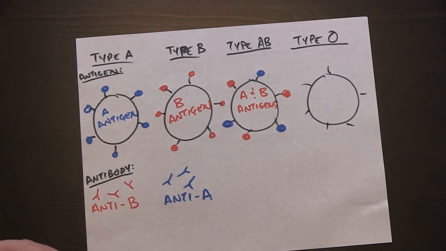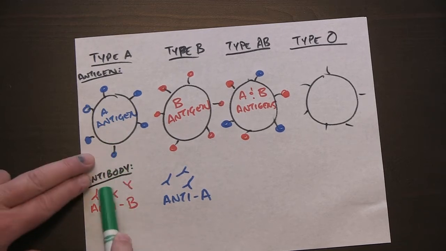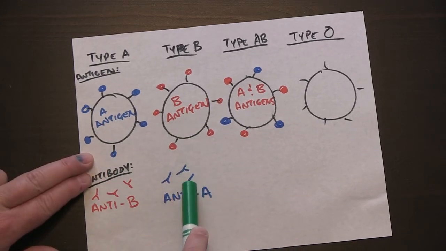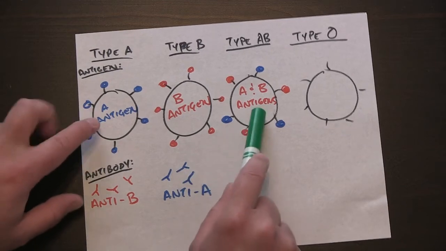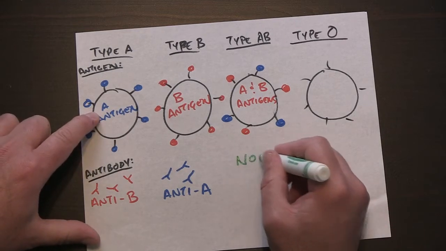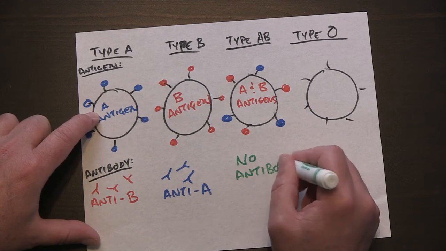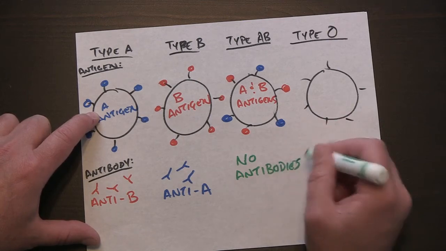See if you can figure this out before I do it. If you have A, you have the anti-B. If you have B, you have the anti-A. So if you have A and B, what are you going to have? You're going to have no antibodies against A or B blood.